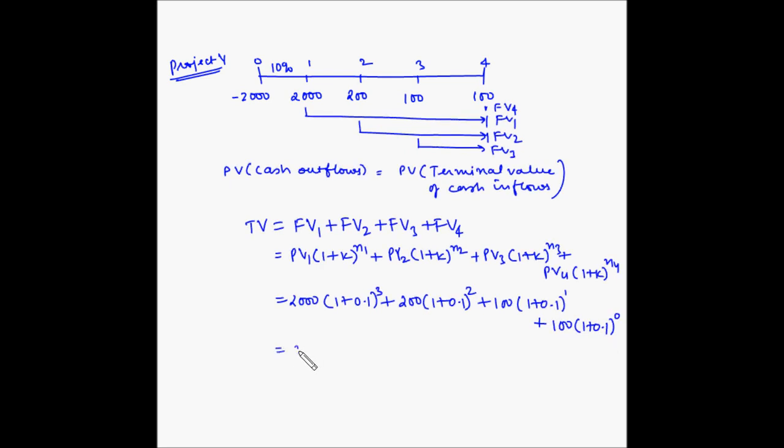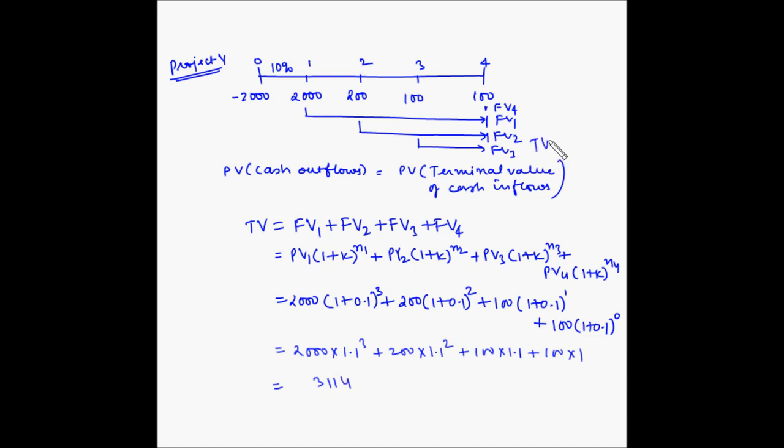So this is equal to 2000 into 1.1 cube plus 200 into 1.1 square plus 100 into 1.1 plus 100 into 1. 1.1 to the power 0 will be 1. So this value comes out to be 3114.